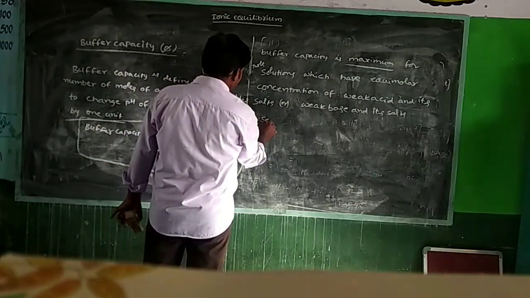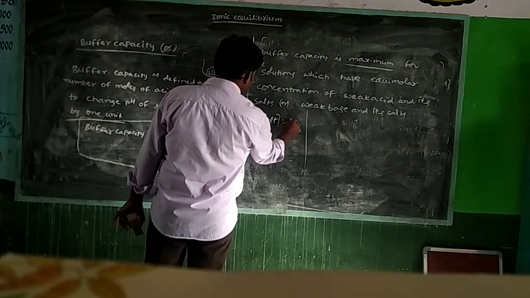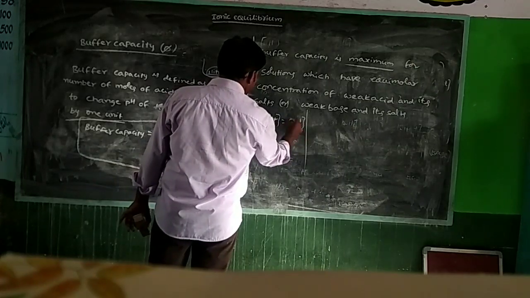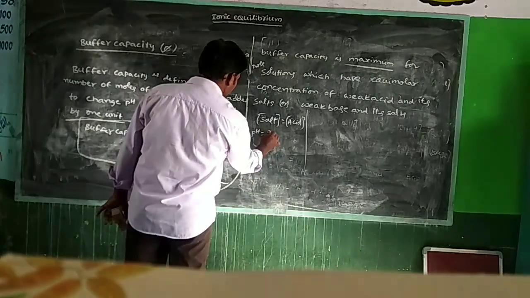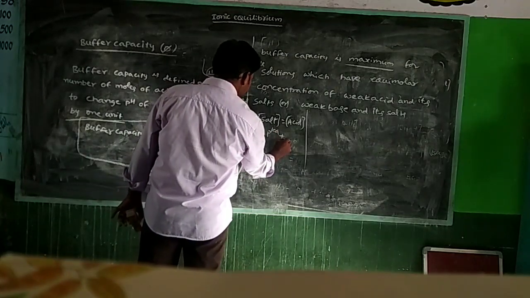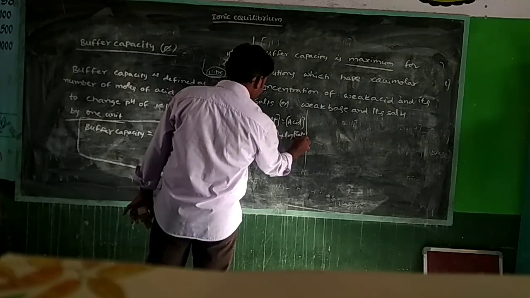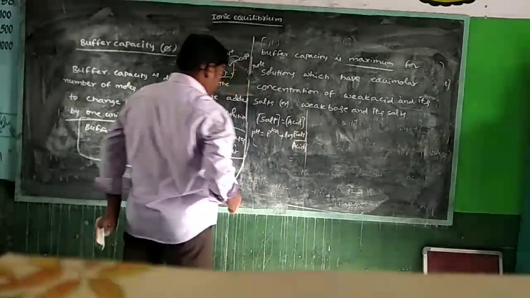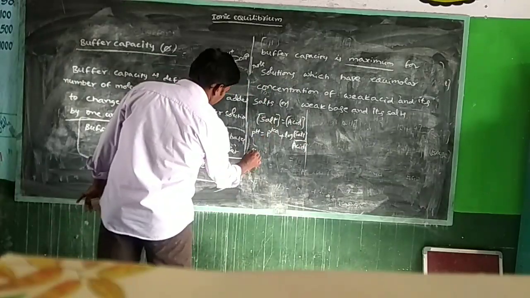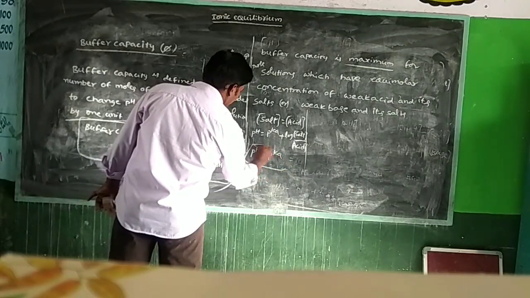Suppose in an acidic buffer, salt concentration is equal to acid concentration. Already you know the acidic buffer formula: pH is equal to pKa plus log salt concentration upon acid concentration. Since salt concentration is equal to acid concentration, we can write pH is equal to pKa.